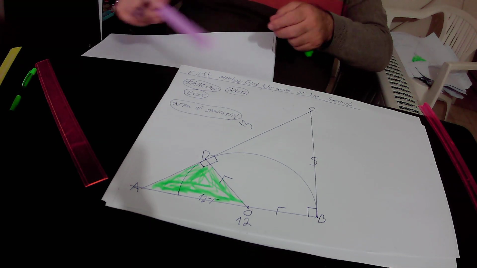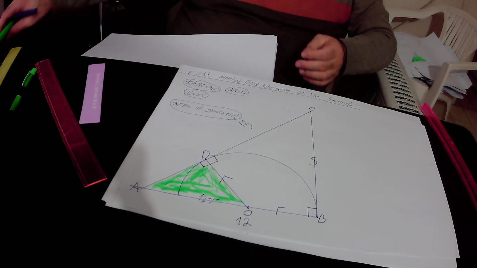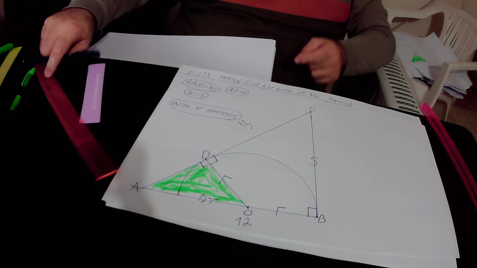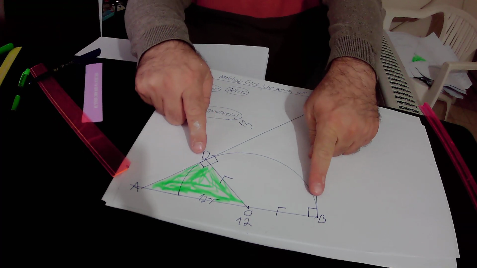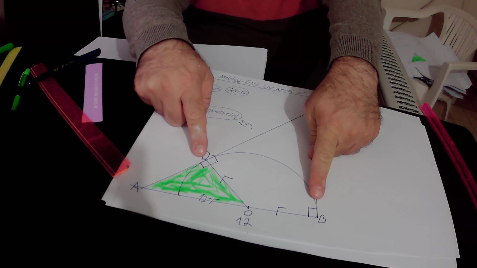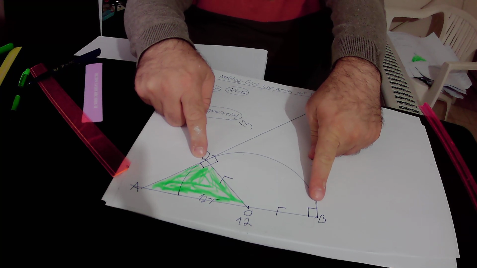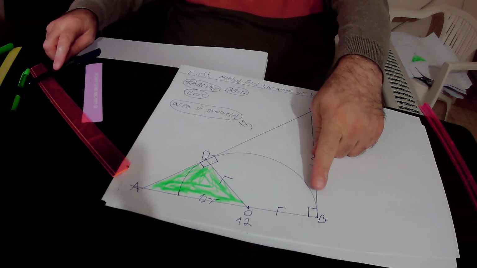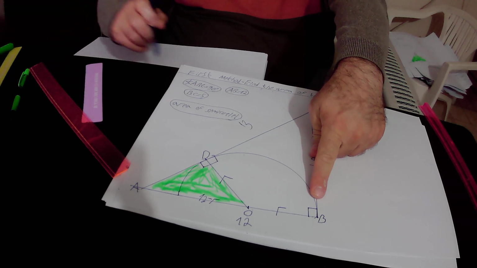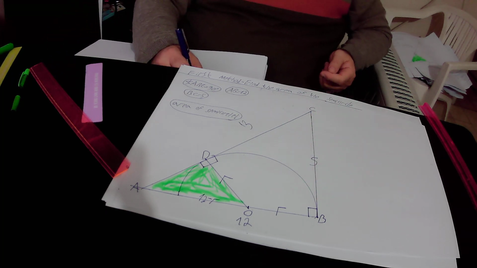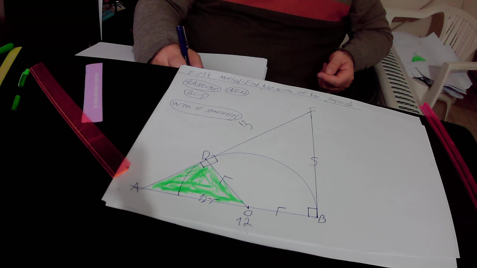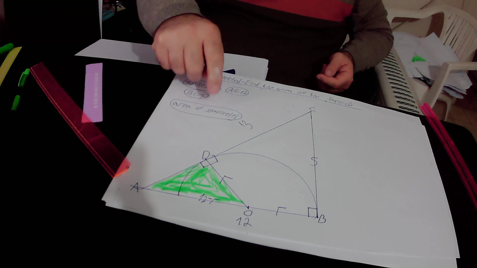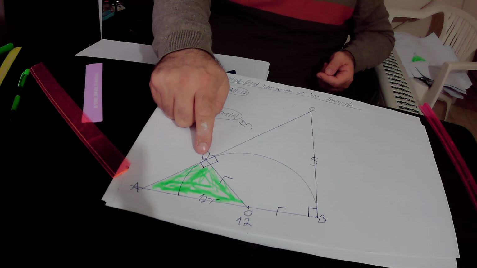Okay, so first of all, we know that those two angles are both right angles, therefore they are equal to each other. So this angle is angle ABC in triangle ABC, and it equals this angle in the green triangle, triangle ADO.